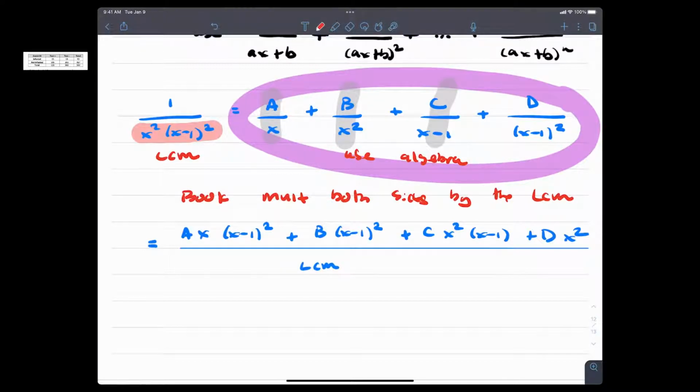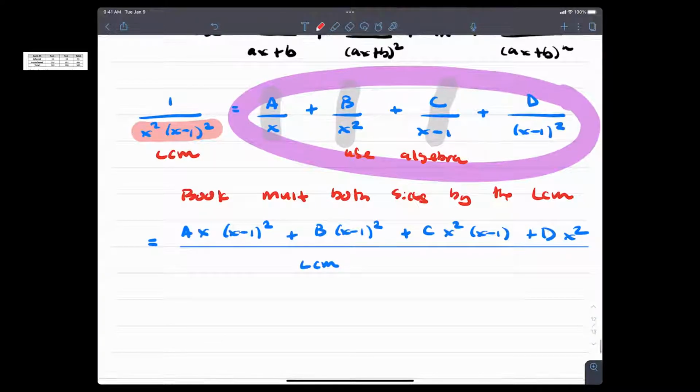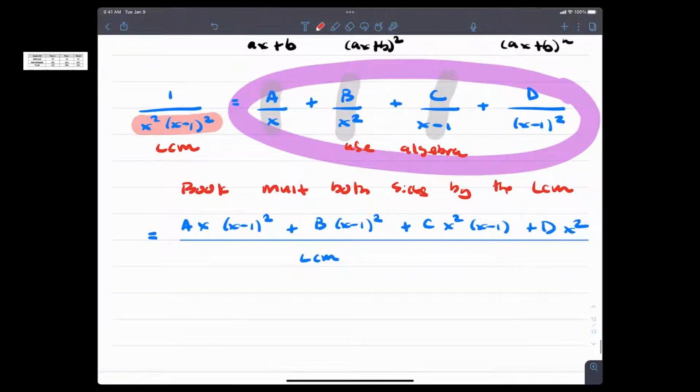Which one are you looking at? A? Yeah, because you know, the LCM is x squared, right? So what I'm saying is what you would do to get the same denominator for every term, like you'd say x and then x minus 1 squared here, x and what?